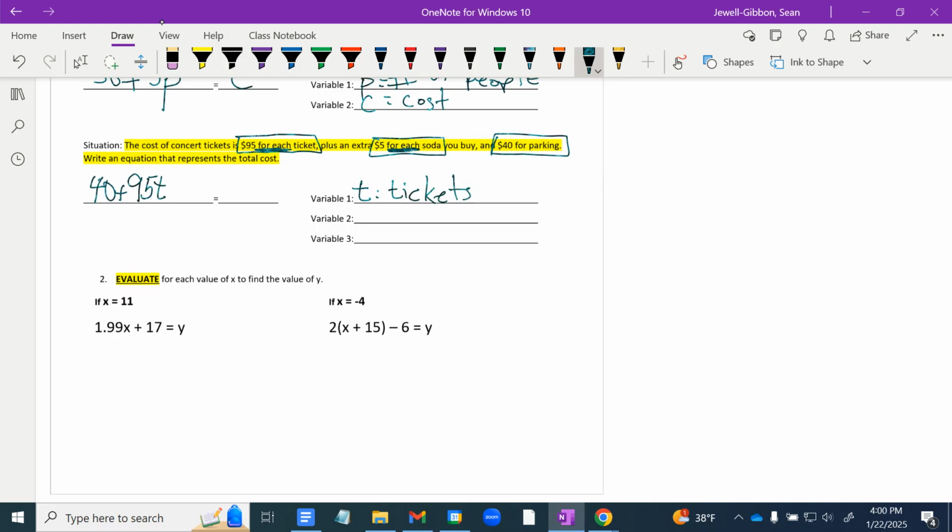All right, and then an extra $5 for each soda. So we're going to add another rate on here. So it's going to be $5 for each soda. I'll go ahead and use an S for soda. All right, calling out my variables over here. S is sodas. And then variable 3, so once again, they have not given us a total.